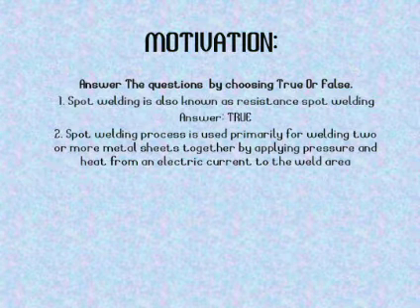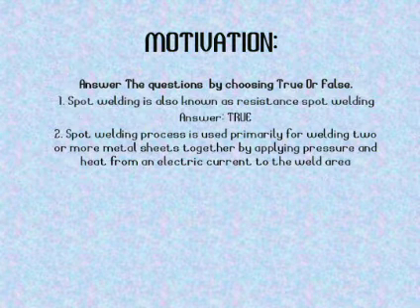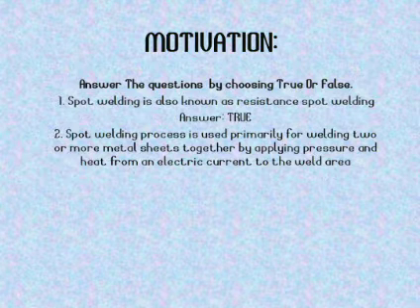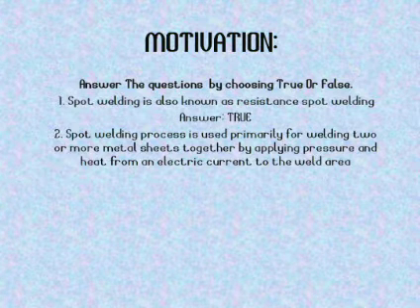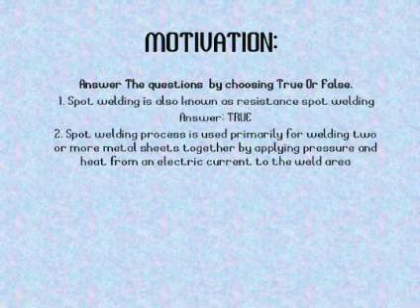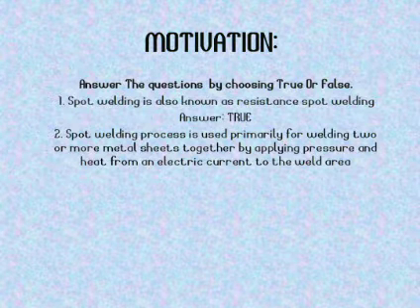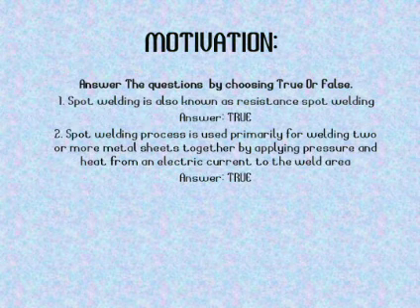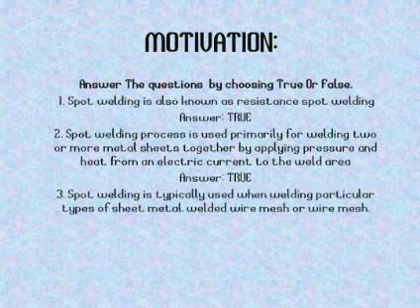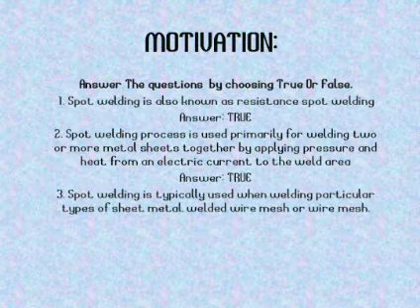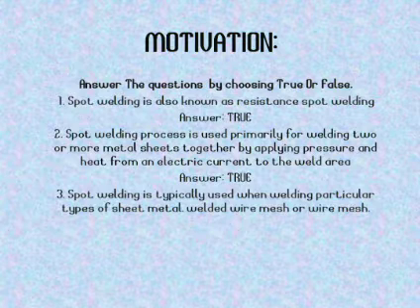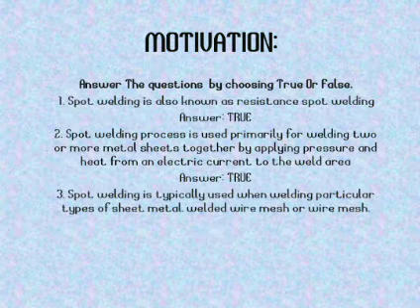The second question: spot welding process is used primarily for welding two or more metal sheets together by applying pressure and heat from an electric current to the weld area. The answer is true. Lastly, spot welding is typically used when welding particular types of sheet metals, welded wire mesh, or wire mesh. And the answer is true.